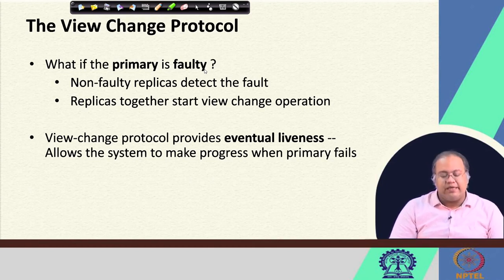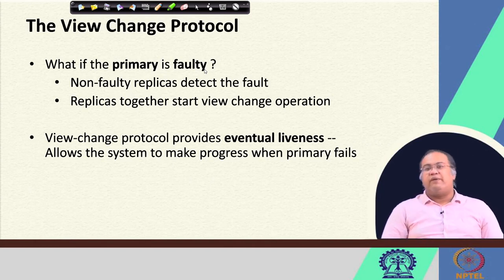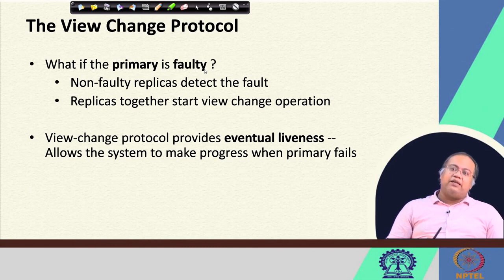Now, you might immediately ask what happens if there is no message for the primary to send. For this, PBFT ensures that the primary periodically keeps transmitting dummy messages even if it does not have any message to send, just to say, hey, I am live, but I do not have any meaningful message to send.